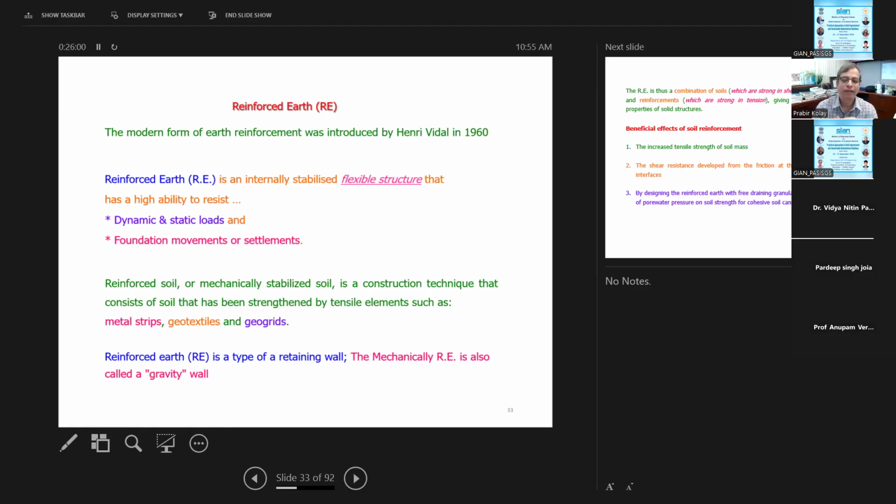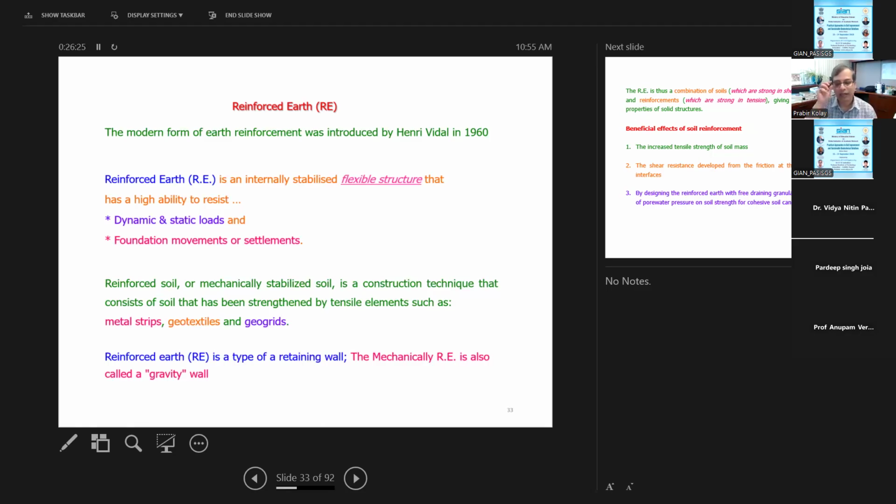The advantage of an MSE retaining wall or any such structure is that it can resist more dynamic or earthquake load, and the construction is much quicker compared to the conventional retaining wall. Reinforced soil or mechanically stabilized soil is a construction technique that consists of soil that has been strengthened by tensile strength. So the soil can take compression.